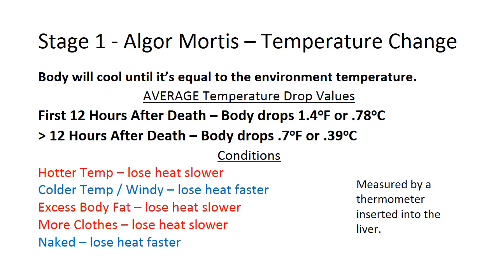So a naked, skinny person out in a cold, rainy day is going to lose heat a lot faster than a person wearing a parka who's morbidly obese sitting out in the hot sun. Makes sense.